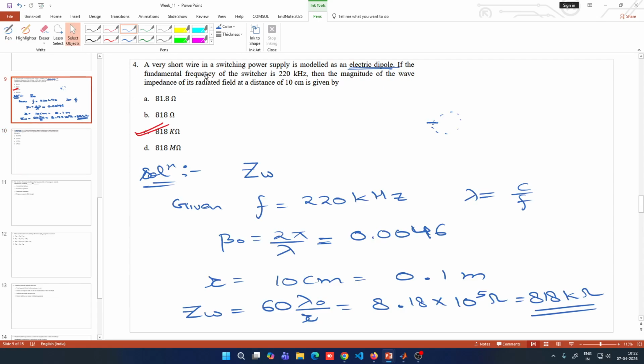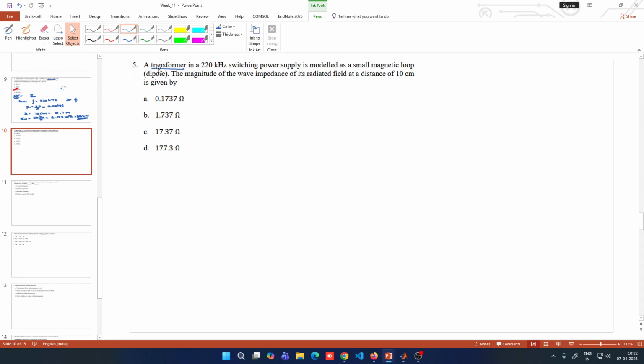Earlier we used the dipole as an electric source; now this is a magnetic source, a magnetic dipole. The magnitude of the wave impedance of its radiated field at a distance of 10 cm is given by. So here we have to find ZWM, or simply ZW.